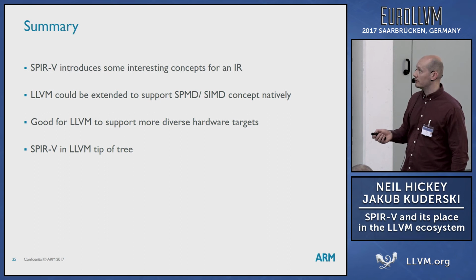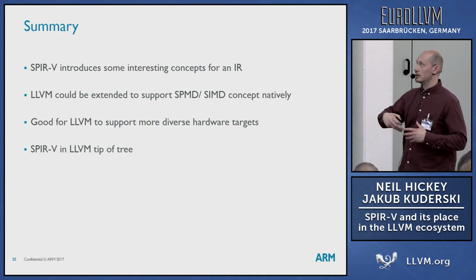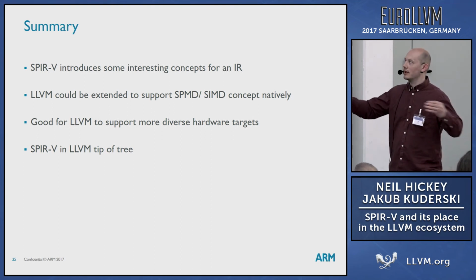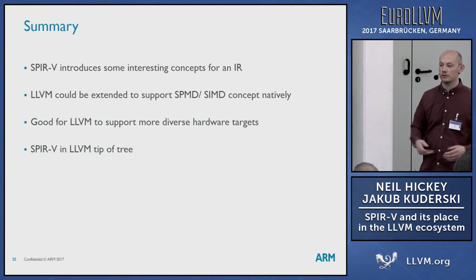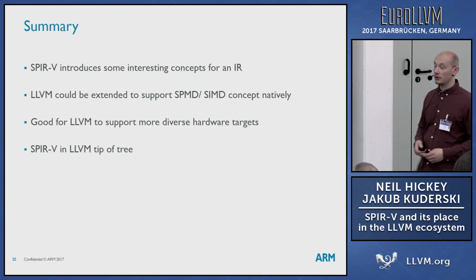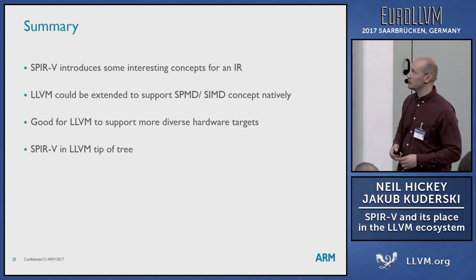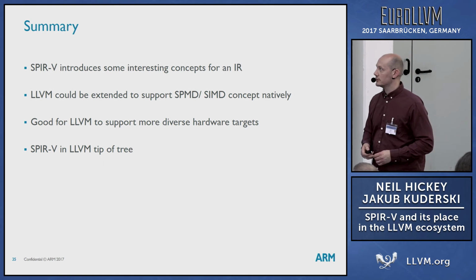Equally, I think it would be good for LLVM to extend to encapsulate some of these more diverse hardware targets. If we have GPUs and CPUs running or using LLVM, I think that's a good thing for us as the LLVM community to get working.